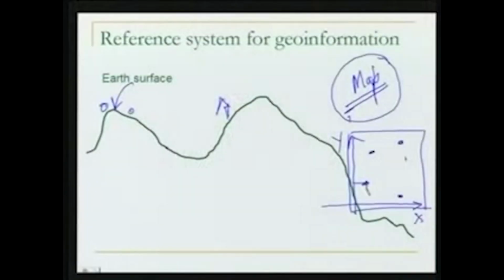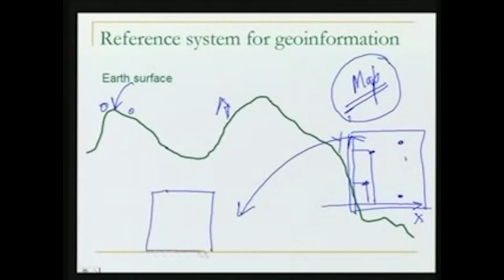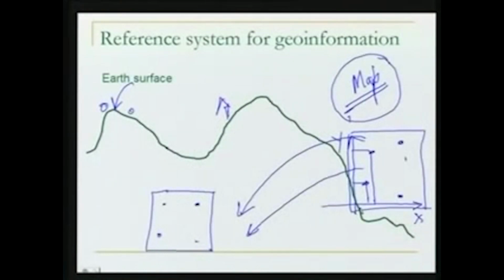In this X and Y, I can measure the coordinates of all the points, and I can transfer this entire thing into a little sheet, where these points will be representing their positions. So for this ground, this is the map. Obviously, because the geometry which was there among these points is preserved here. So in order to measure these, we required a reference system, x and y.